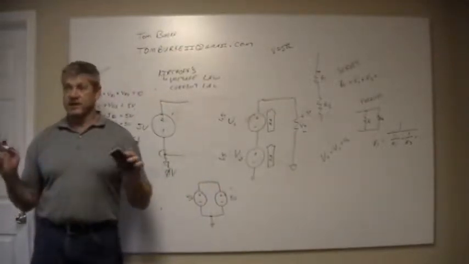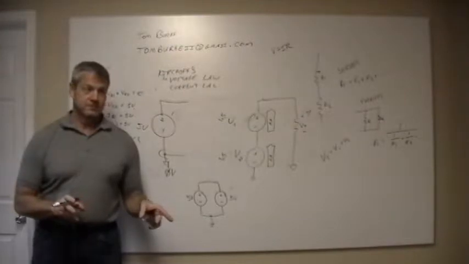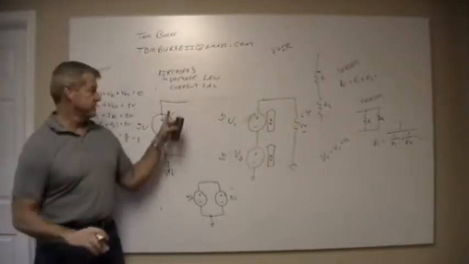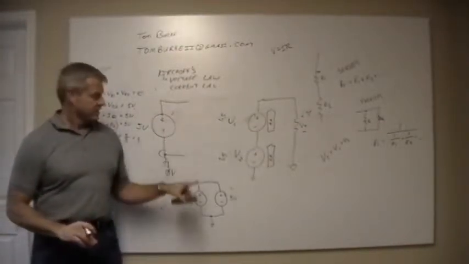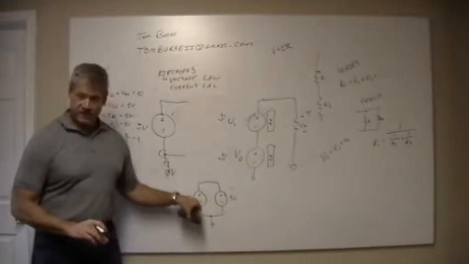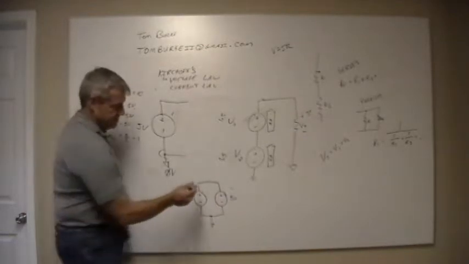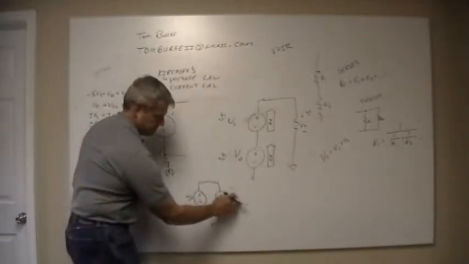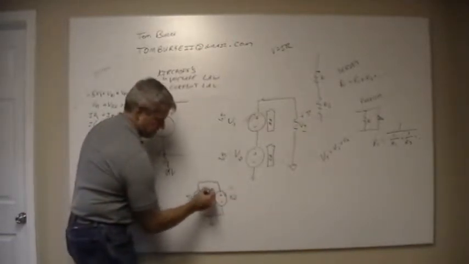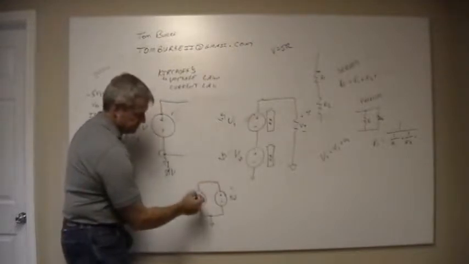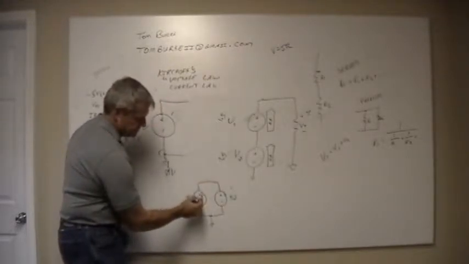What did I say about an ideal voltage source? Zero resistance. These represent wires. If this is 5 volts and that's 5.1 volts, that means I have a difference. Now the truth is there is a resistance in here.